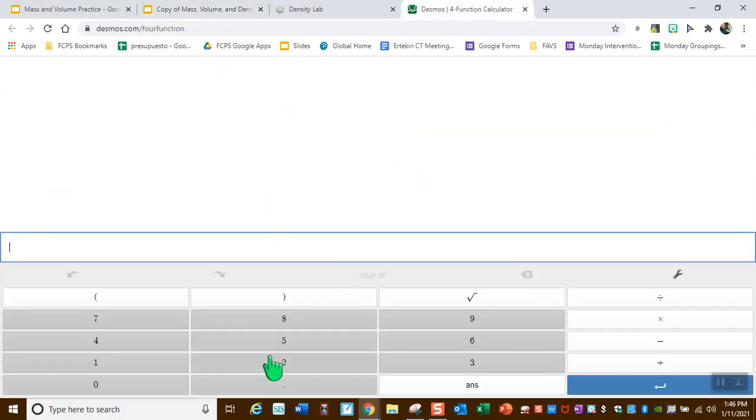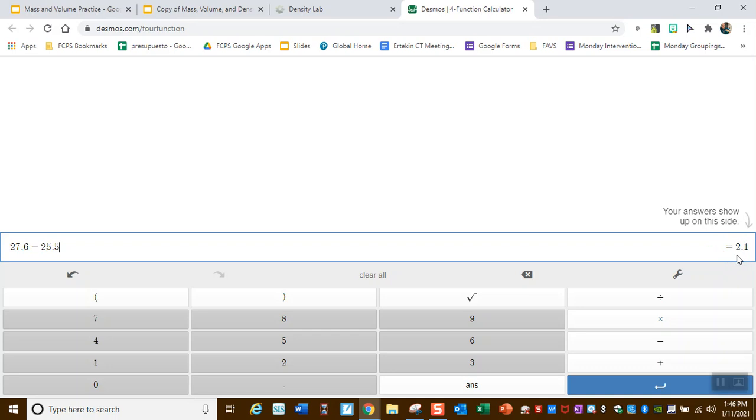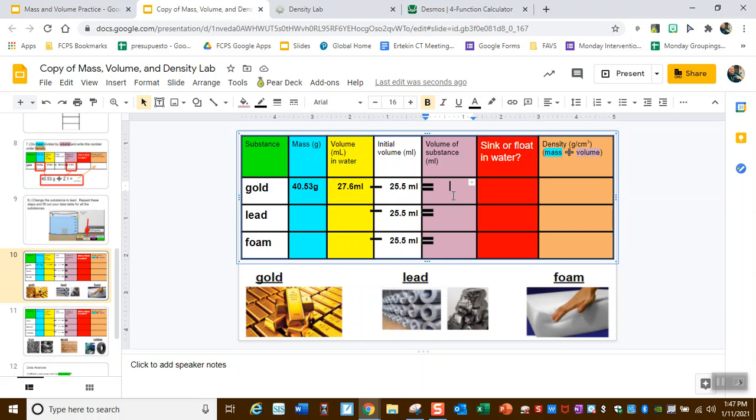You can go to your calculator and do 27.6 minus 25.5. The volume of the gold is 2.1 milliliters. So you are going to write it here, 2.1 milliliters. That is the volume of the piece of gold. We just did the water displacement method.